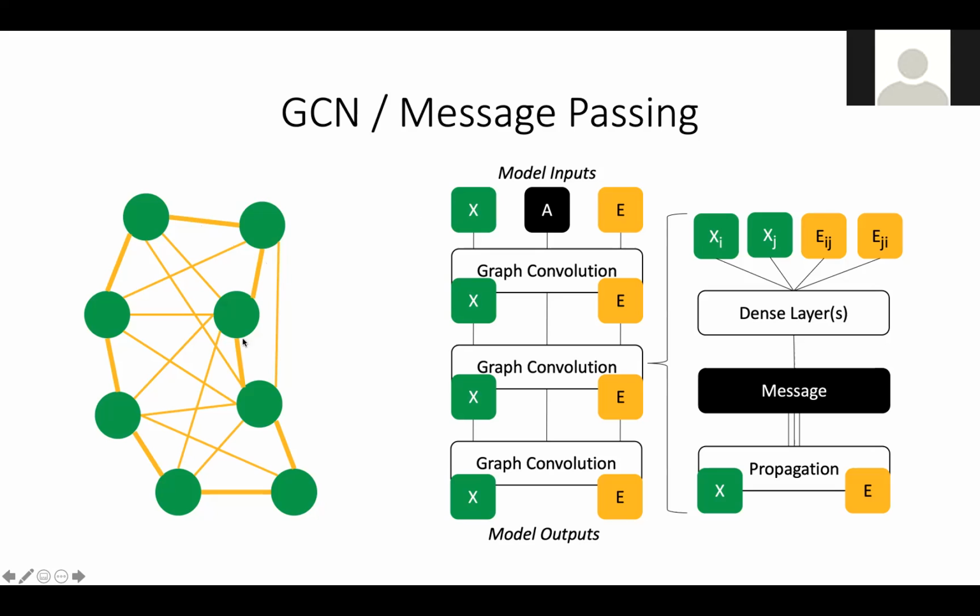So when we list our nodes and edges, it doesn't matter the order that we list them, which is really important for us because it doesn't matter if this is node number 1 and this is node number 2, or if this is node number 1 and this is 2. It doesn't matter where you start counting, and we shouldn't care where we start counting. So order invariance is very important for us. And this message passing algorithm maintains that for us.